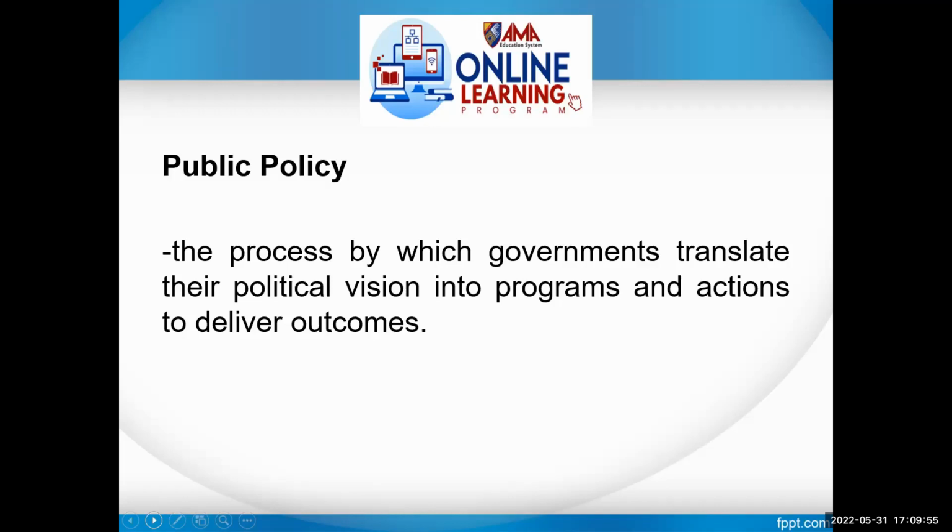So they want to deliver outcomes. When we speak of outcomes in a particular government, it refers to the changes that they desire in the real world.